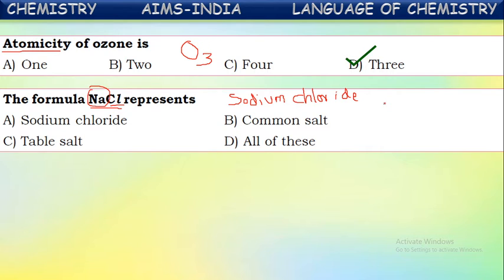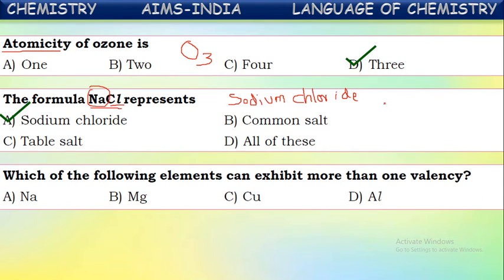So it is the name of this compound NaCl, sodium chloride. First, we write the positive ion's name. Next, the negative ion's name. The root part of the negative ion's name is taken from its element name, and at the end -ide is attached, so we get the complete chemical name for that compound. Okay, right, NaCl represents sodium chloride.